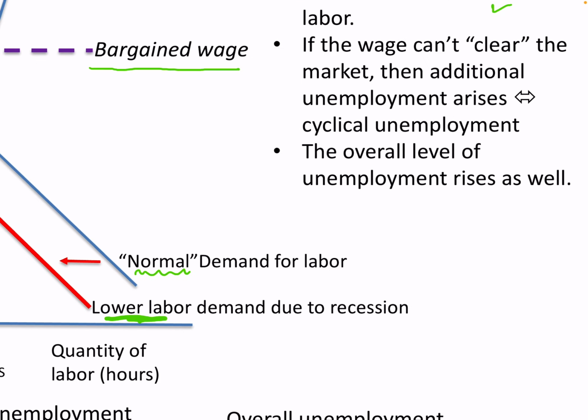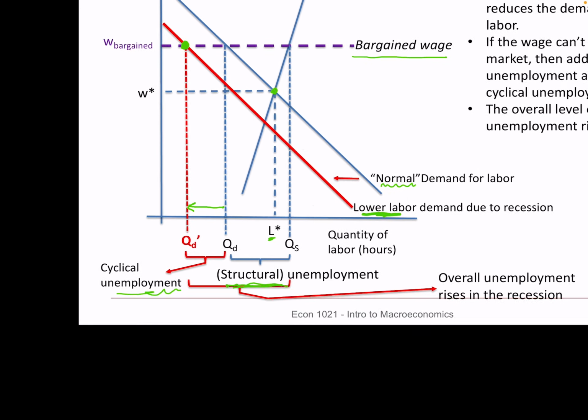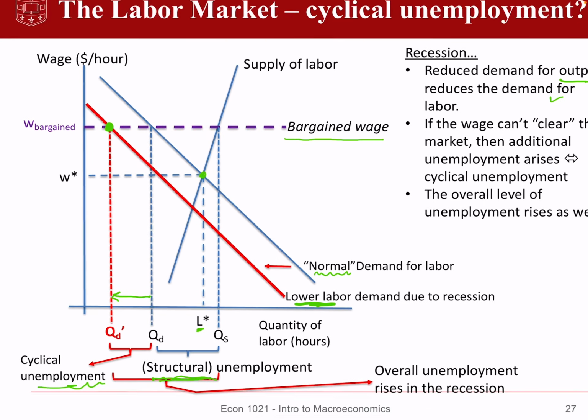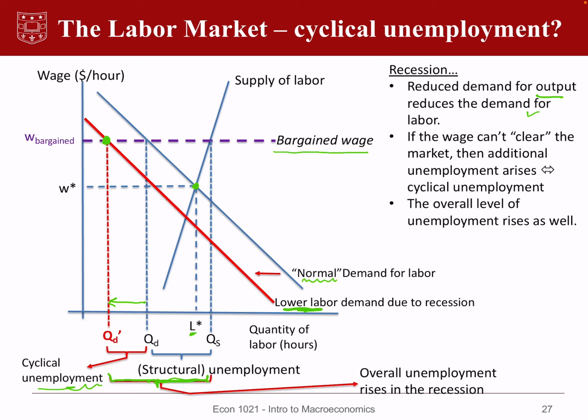Plus, we have this additional cyclical unemployment. And so then the net effect is that the level of unemployment rises. So it was formerly this amount that was in blue. Now we're adding in this cyclical component as well.